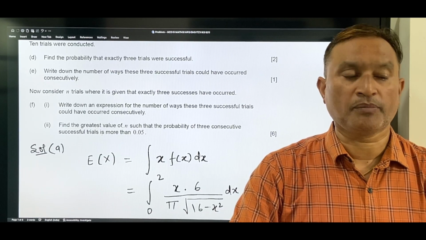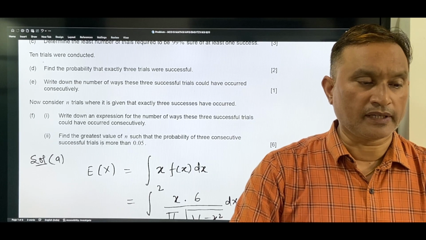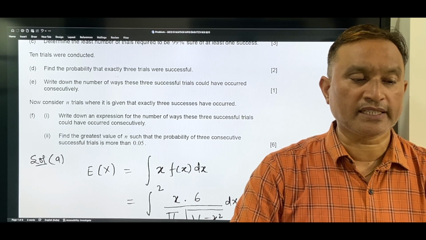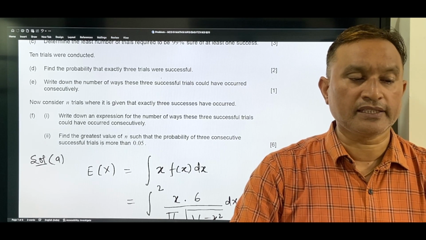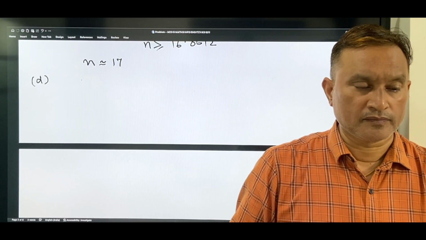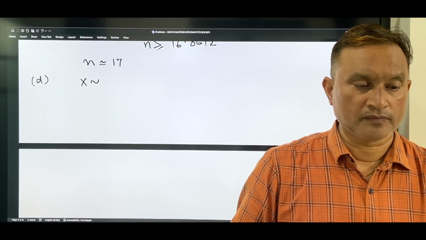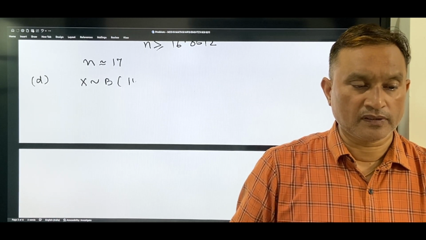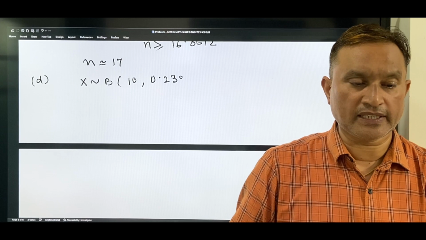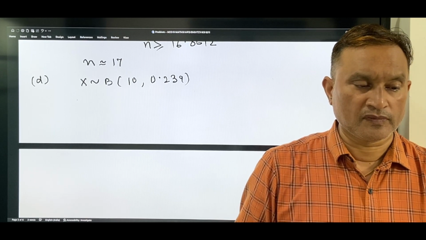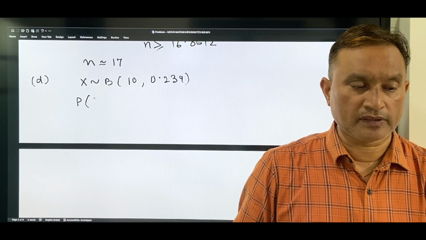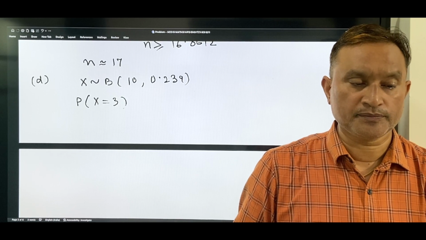Now we will proceed to D part here. Ten trials were conducted. Find the probability that exactly 3 trials were successful. So part D, probability 0.239, and we are calculating the probability for x equals 3.